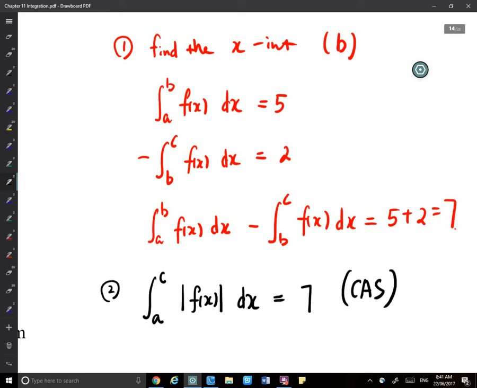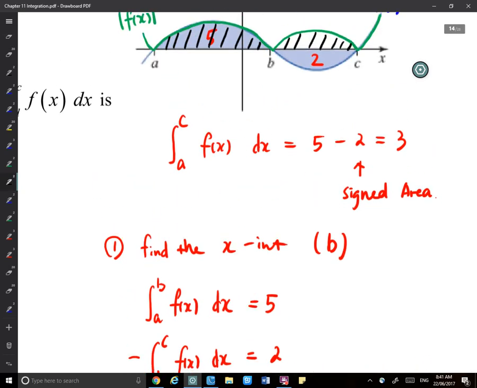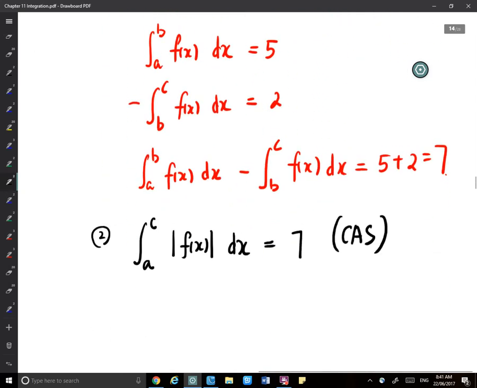But you need to read the question carefully, whether it's asking for the total area or the signed area. If it's the signed area, that's just the normal integral from a to c of f(x), which equals 3. That's the signed area. If you think about total area, that will be this one.